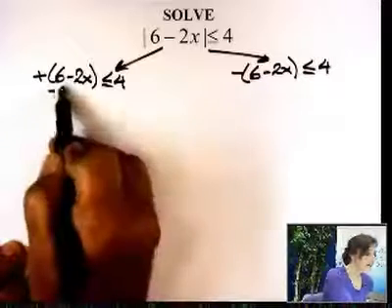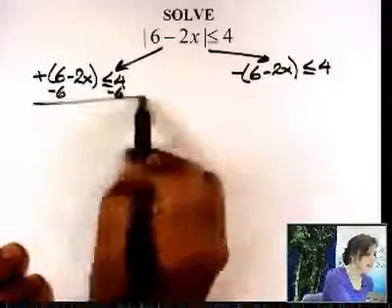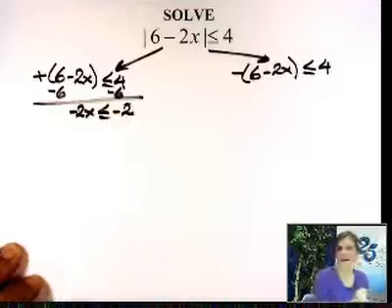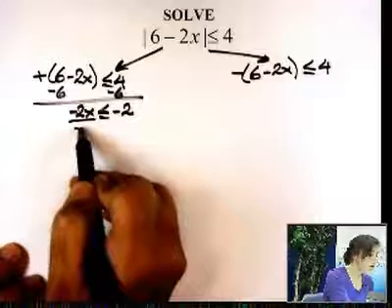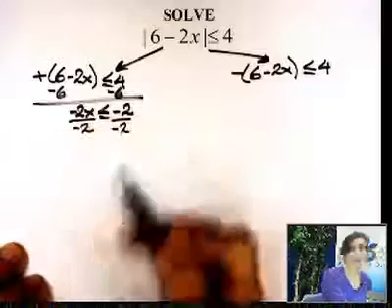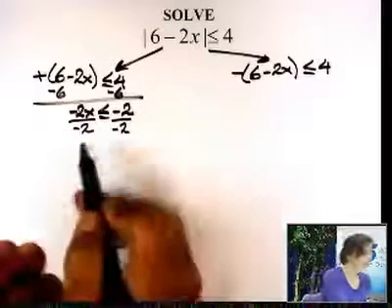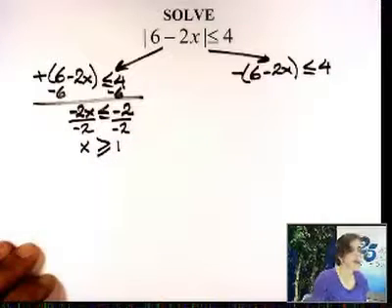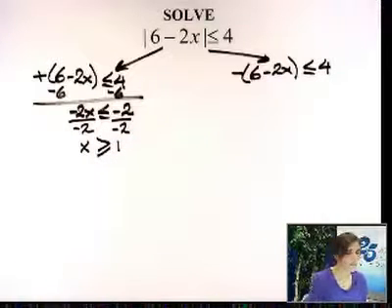Now, let's subtract 6. Negative 2x. Negative 2. Divide by negative 2. Uh-oh. Remember, I'm dividing by a negative number, so that means it has to change direction. X is greater or equal to 1.